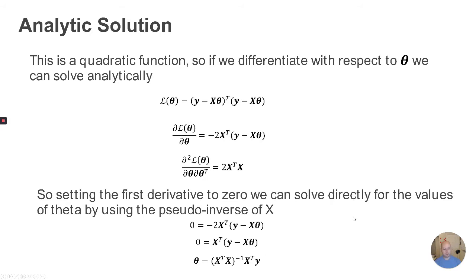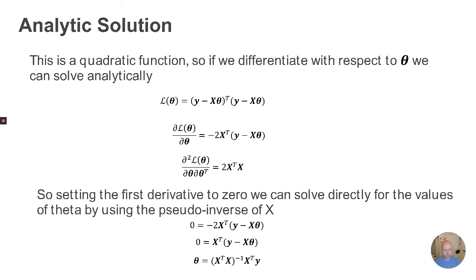If you then plug that into equal to 0, you eventually get to this form of the pseudo inverse of x times y, which will give you the parameters theta that minimize this least squares loss, this mean squares error. If you've seen this before, this is just the normal equation method for solving large sets of linear systems very directly, and it's very effective.